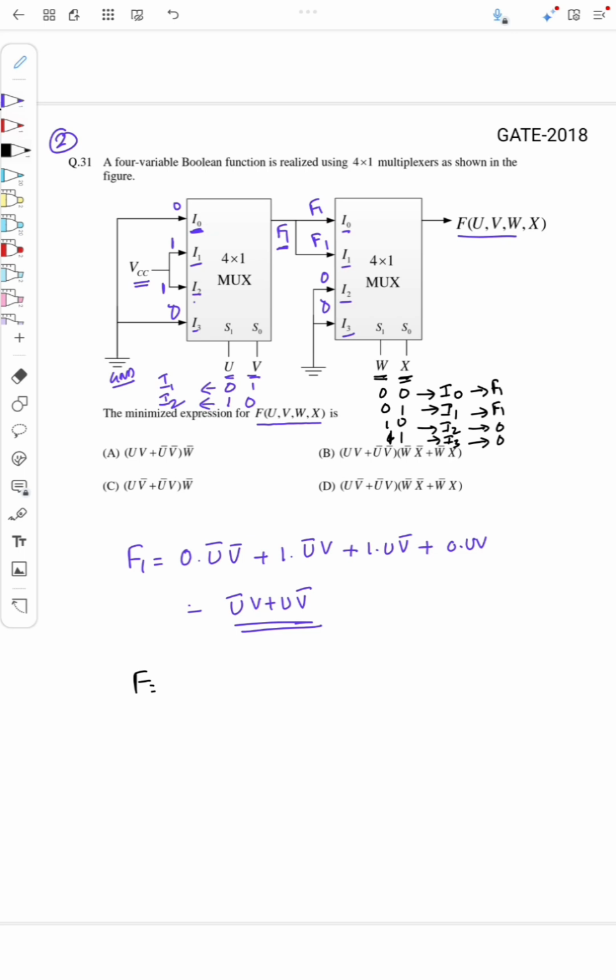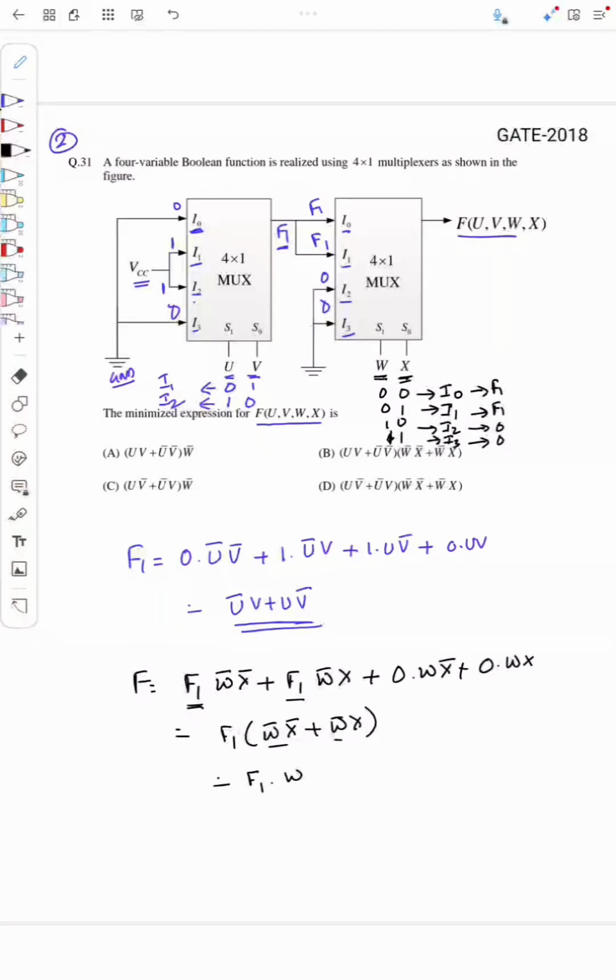So what is f? f equals f1 into w bar x bar plus f1 into w bar x, plus the remaining terms are 0, right? 0 into w x bar plus 0 into w x. So I'll take f1 outside, it will be f1 into w bar x bar plus w bar x, or I can take w bar also, right?